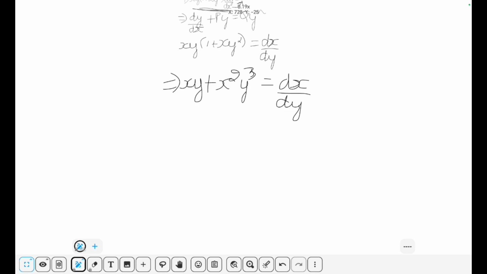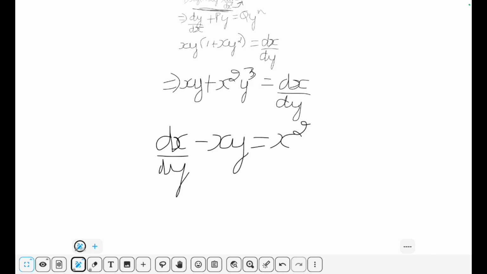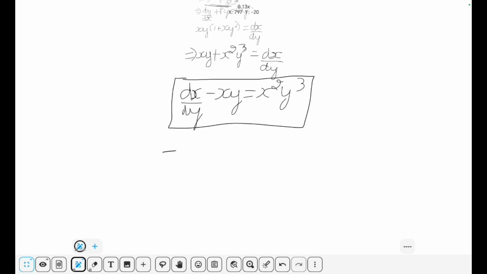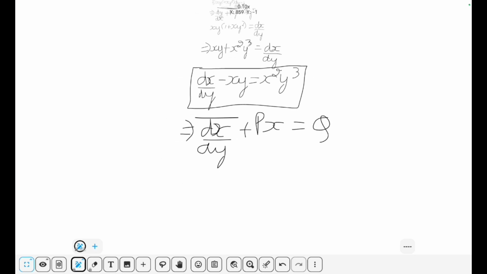Now dx/dy minus xy equals x²y³. Now this equation is in the form of a linear differential equation with respect to x, that is dx/dy + Px = Q. So this is in the form of this equation.